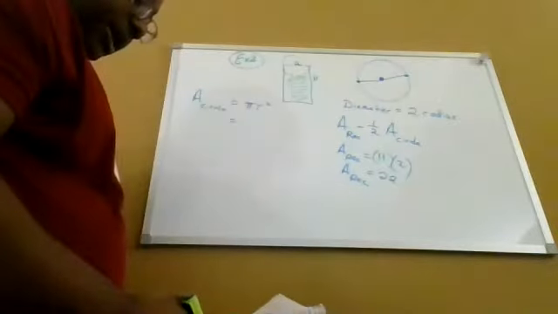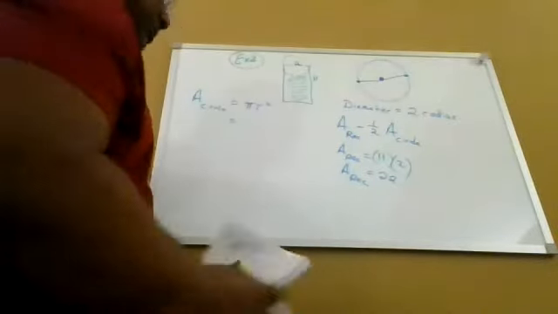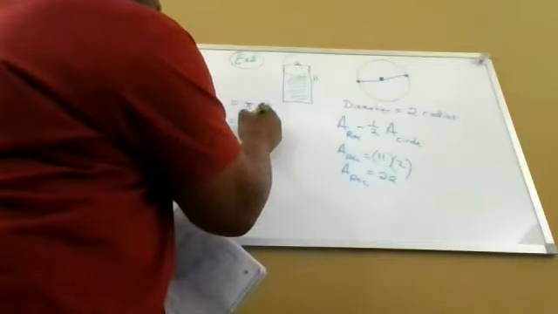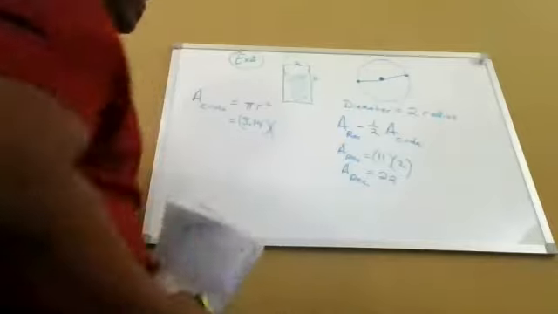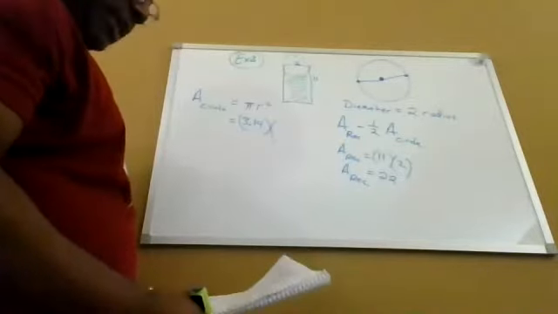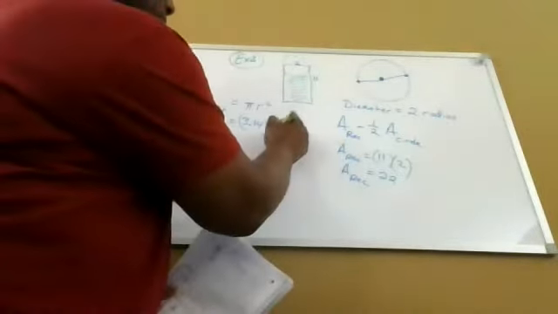We know that pi equals 3.14. And in this case, our radius is going to be 1.